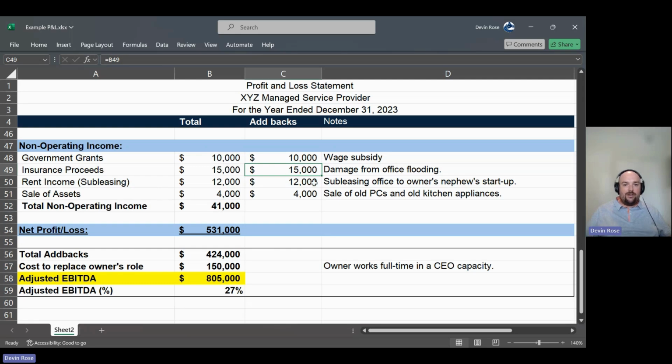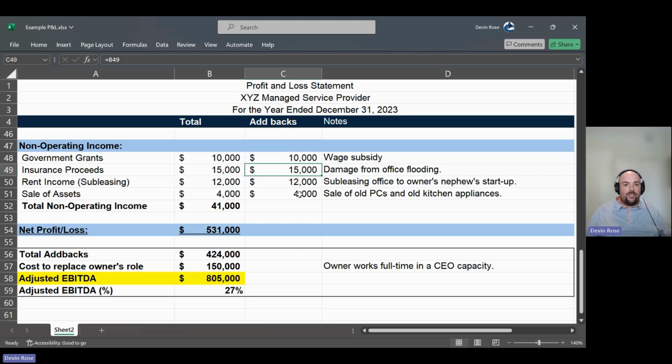The rent income here for subleasing some office space also gets added back for $12,000, and then the sale of some assets, some old PCs and old kitchen appliances from that renovation that we talked about, also gets added back for $4,000.